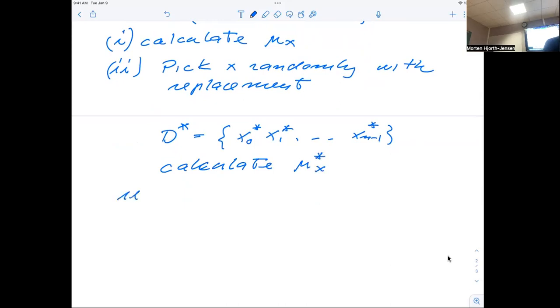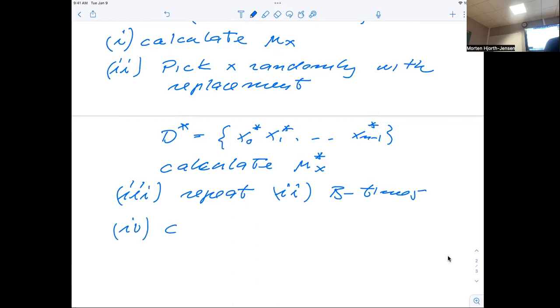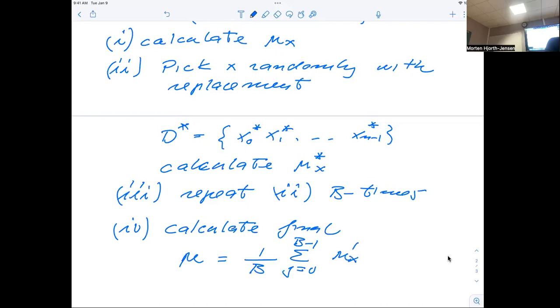And then you simply repeat B times. Then the final expectation value at the end, you calculate the final mu, which is now going to be a sum over B, and this contains a sum j equals 0 up to B minus 1, and this contains all these values, mu of x as a function of this variable j.